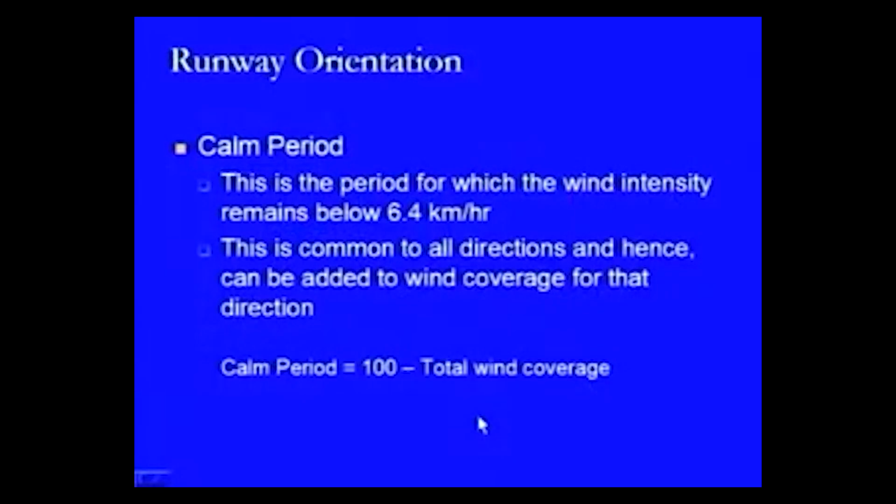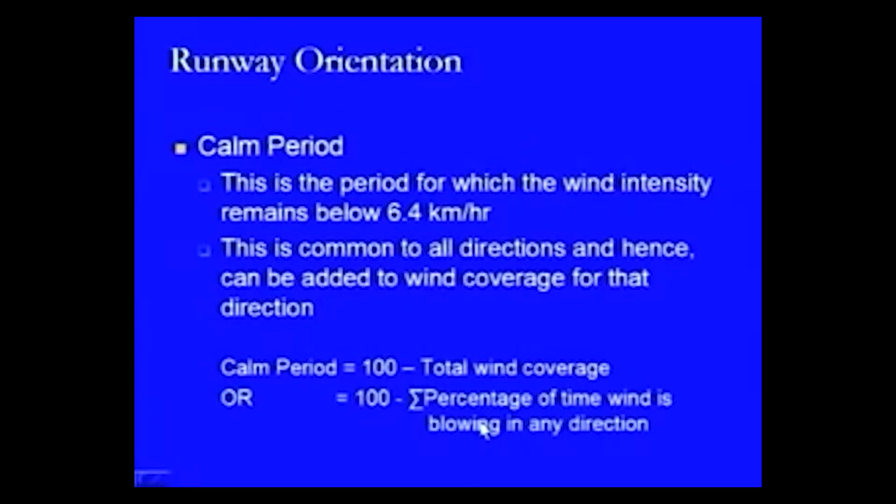So, the calm period equals 100 minus the total wind coverage, or it is 100 minus the percentage of time wind is blowing in any direction with any speed. So, if we take the total summation of all those percentages with respect to time, direction and duration, and subtract it from 100, what we get is the calm period.